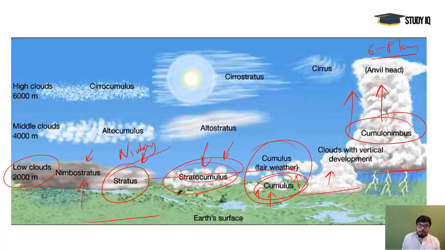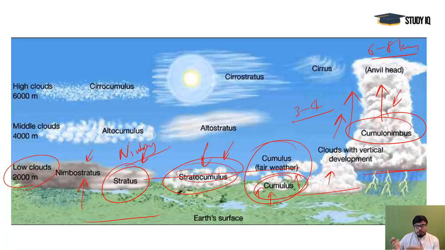Nimbus because they bring a lot of rains, and mainly with the southwest monsoon you will see these kinds of clouds. During the evening around 3 to 4 o'clock, and in the equatorial region, these clouds are created. In cyclones also, these clouds are created. So these are the most dangerous ones. They bring hailstorms and all.